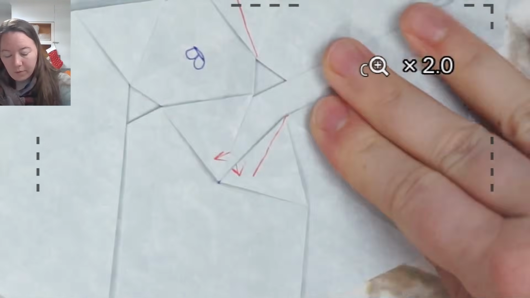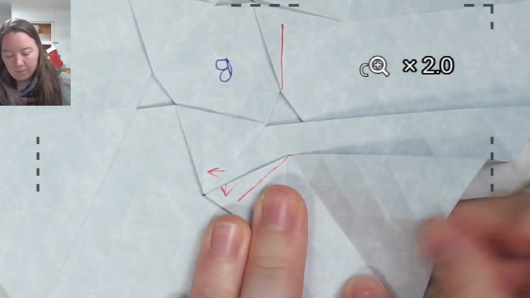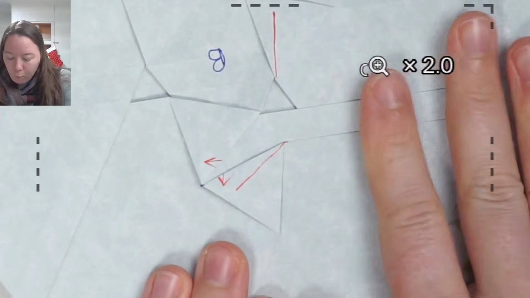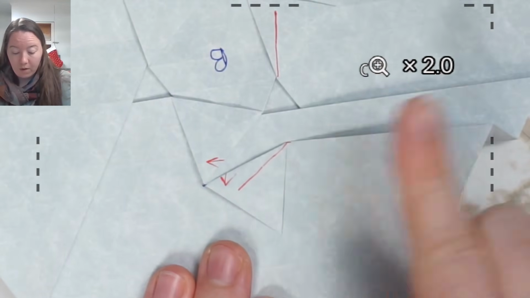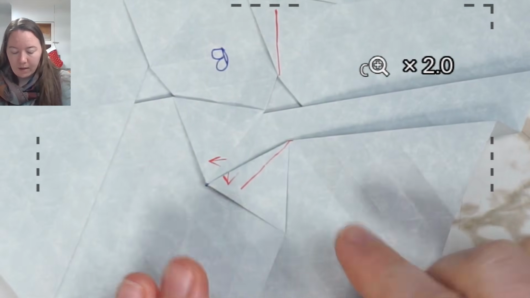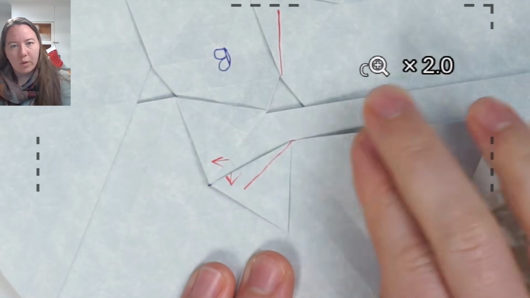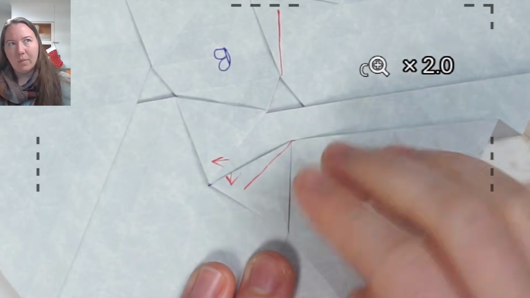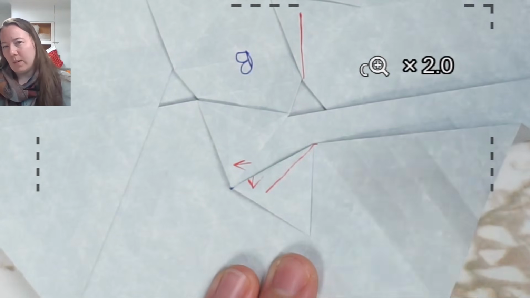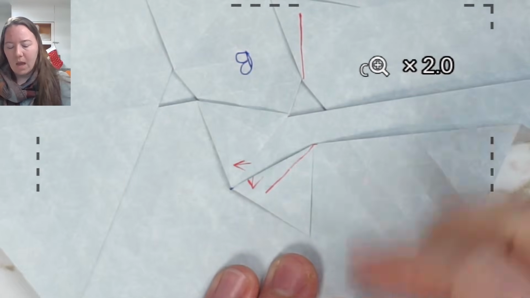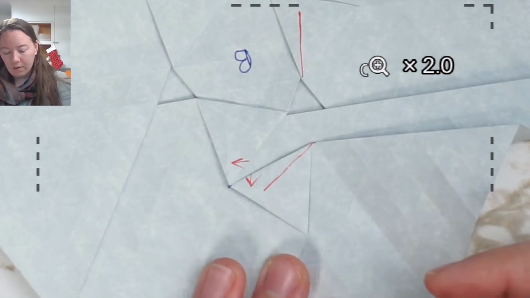Then I want to move to the next set of parallel pleats, and one of the things about these patterns where the twists are mostly alternating sides is it might not be the best idea always to set up these friendly overlaps, because the next twist could be on the opposite side of the paper, and when you have an overlap that's friendly on one side, it's unfriendly on the other.